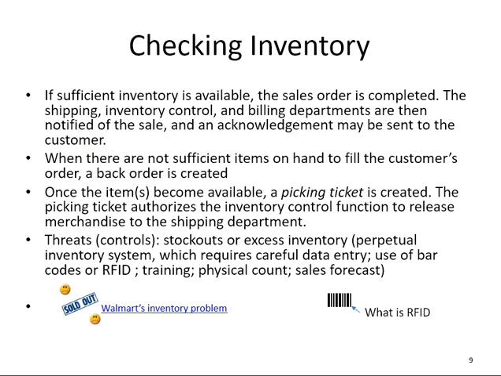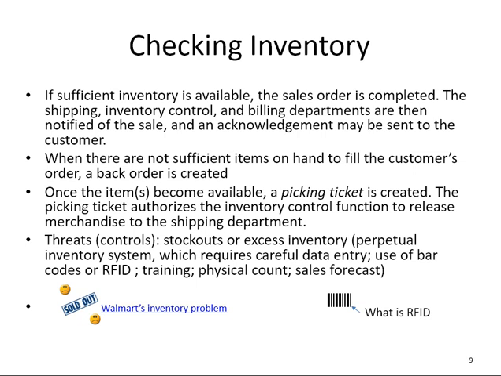But if there's not sufficient inventory on hand, then a back order is created. Sometimes we're going to send information to customers to see whether they agree to have a back order or not.